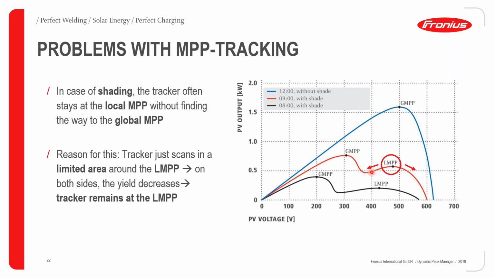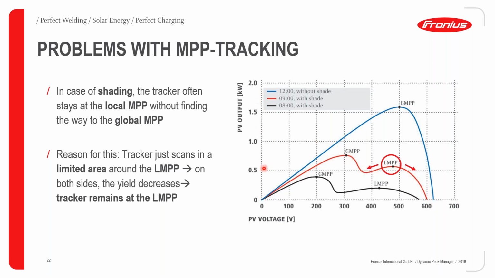This happens because when the tracker shifts the operating point downwards or upwards, these 2 arrows indicated, it realizes that the power output is dropping, and therefore it locks to the local maximum operating point. This is not the best scenario, because if you look at this curve, it is not giving you the best possible output from this PV module or PV array at this particular time of the day, even with shading.